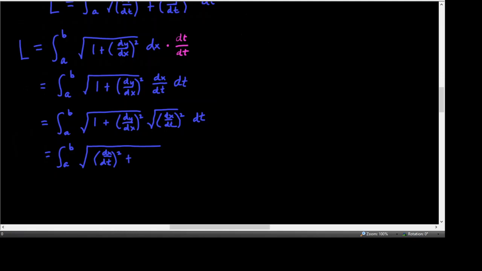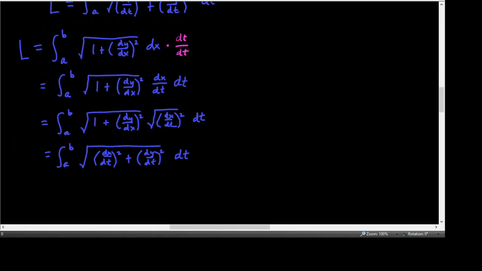And dy dx squared times dx dt squared, the dx squared in the denominator of the first part times the dx squared from the numerator of the second part will cancel each other out, leaving dy dt quantity squared dt, which is the formula that I gave you above.